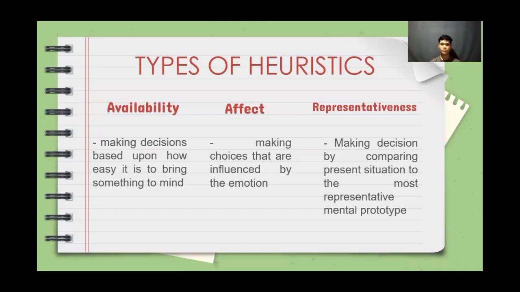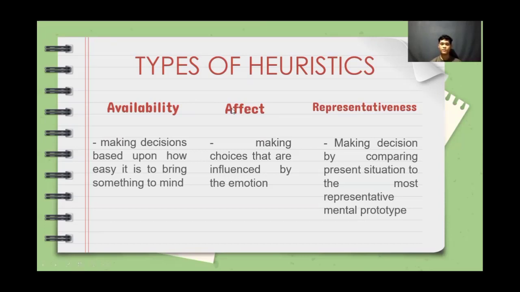An example for this would be when you're going to the beach for swimming, then suddenly you remember the news you watched last night about shark attacks. So you didn't go swimming. You make a decision based on what your mind remembers about the past experience or knowledge. The second type is the affect heuristic.